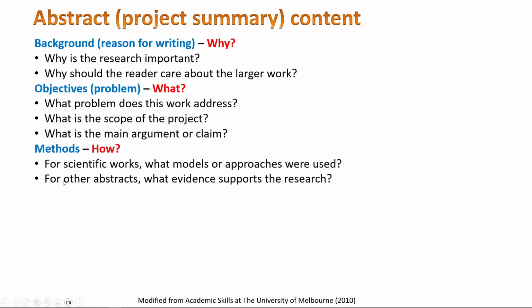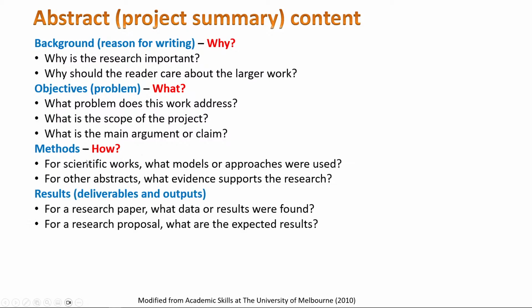For other abstracts, if you're not doing scientific work, it would be what evidence supports the research. But that's what models or approaches were used. So in the method, you basically tell the reader this is the method that I will be using. And then results.